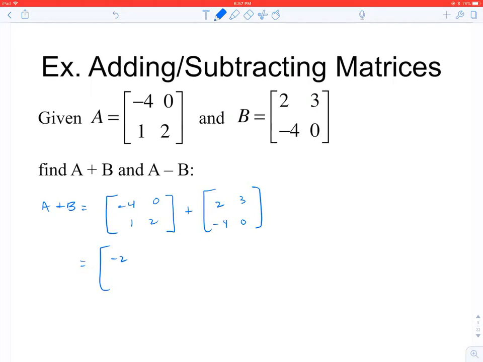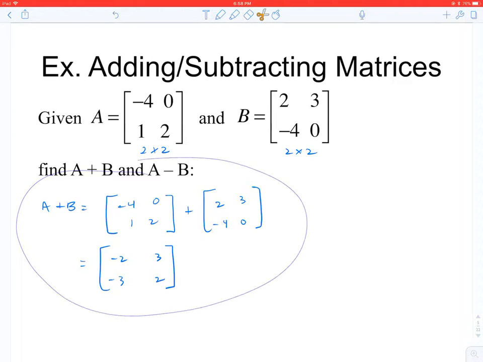So negative 4 plus 2, 0 plus 3, 1 plus negative 4, and 2 plus 0. Okay, so that's the matrix that we get from adding the two matrices. Notice that A is a 2 by 2 matrix, B is also a 2 by 2 matrix, and the resulting matrix is also a 2 by 2 matrix.